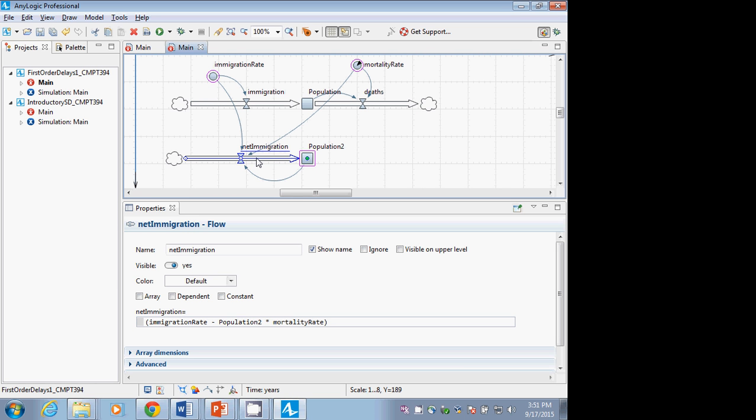If I have a stock and I have an inflow and I have an outflow, and I have some delay associated with this, what we will have instead in this sort of formulation is the same stock, where this inflow is given by a target minus X over some delay.